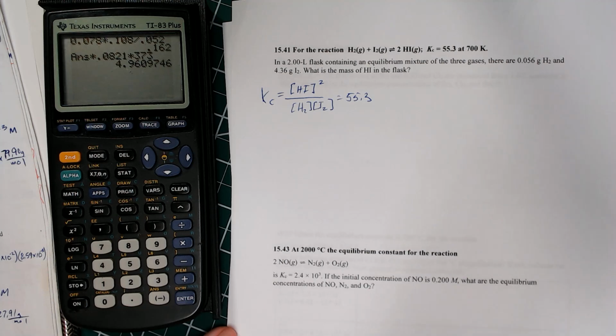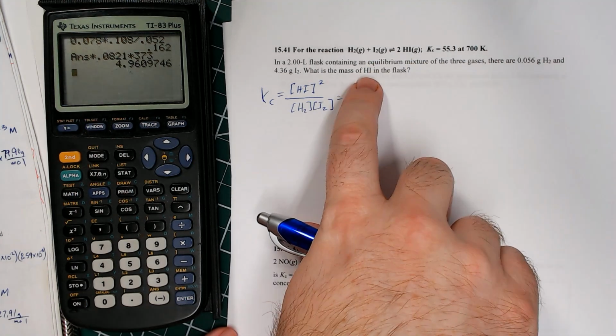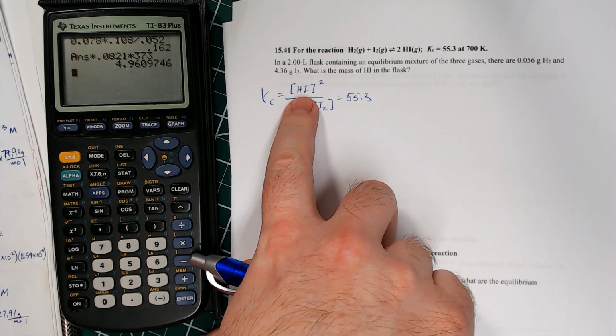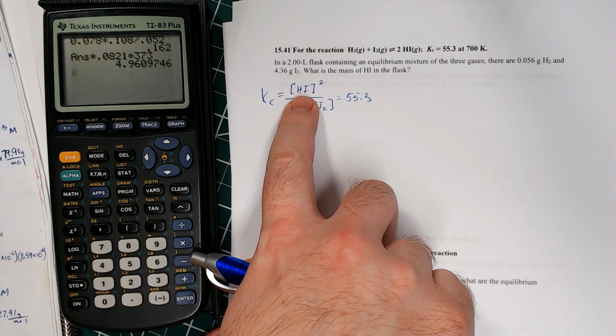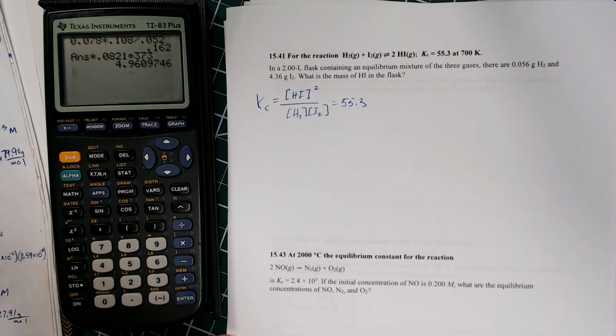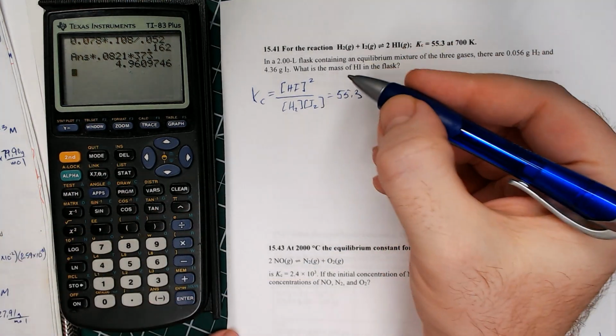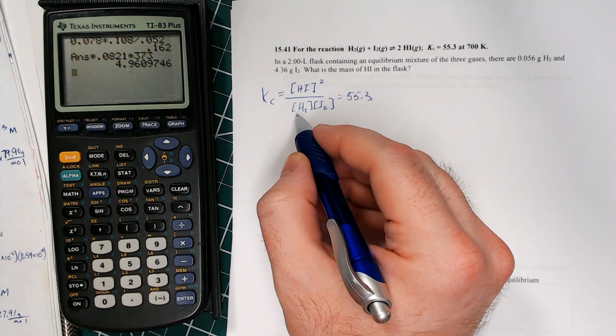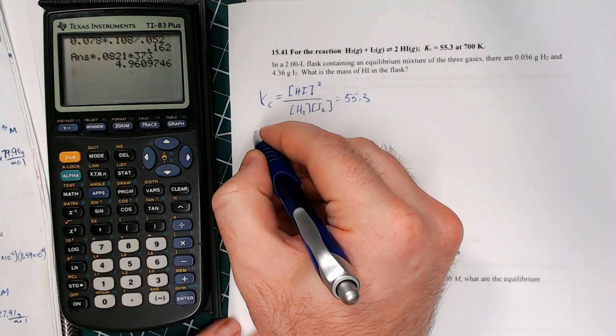All right, so we're trying to find the mass of HI. So we'll need to calculate the concentration of HI and do a similar kind of calculation that we did on the previous problem. So first, let's figure out what the concentration of H2 and I2 are.